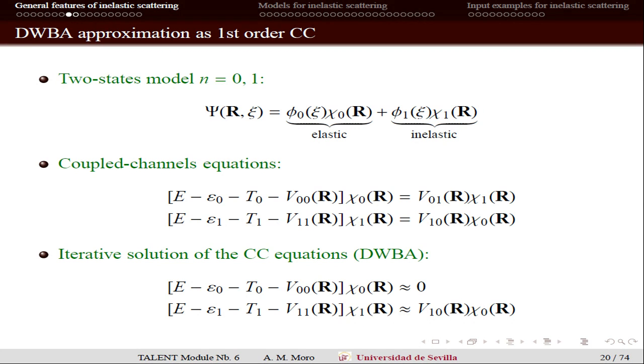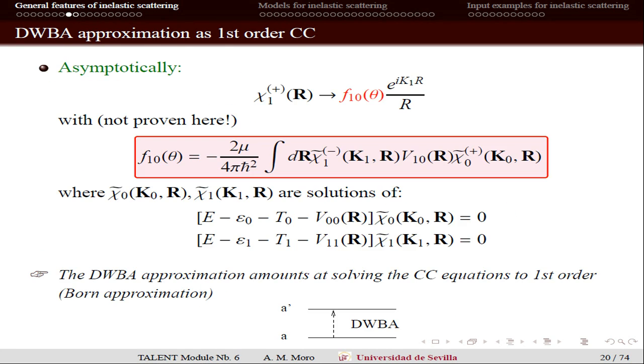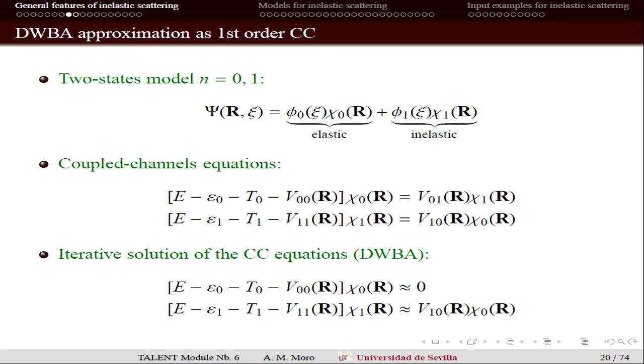There is a non-trivial step going from here to the actual expression of the DWBA that you saw yesterday. This non-trivial step relies on some Green function techniques, so we will not give so many details. Formally this could be written as this term divided by this, a kind of propagator.